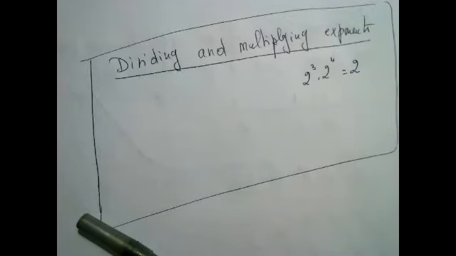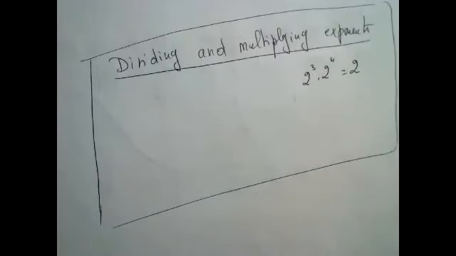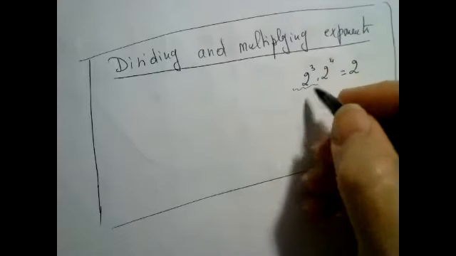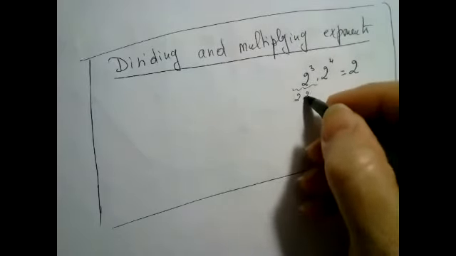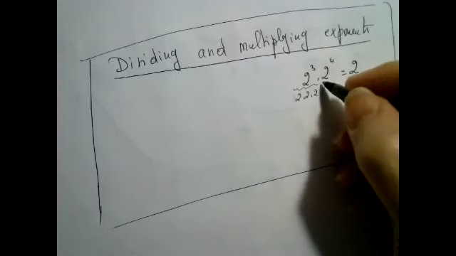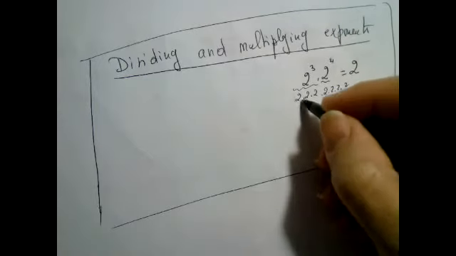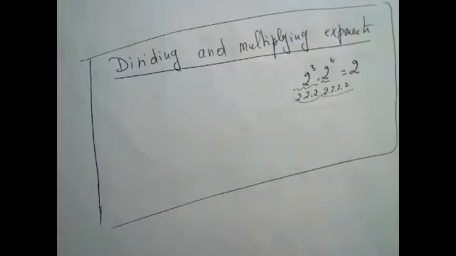Peyton, 2 to which power? The most logical. You don't memorize anything. Just think about it. 2 to the power 3 is how many 2's? 2 to the power 4 is how many of them? 4 of them. 3 of them and 4 of them.